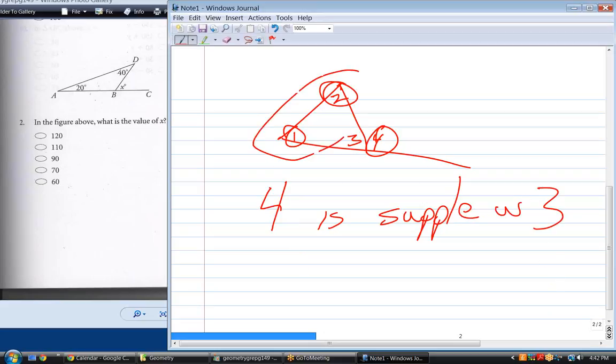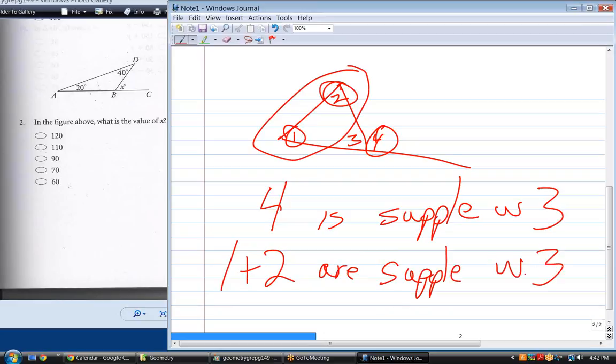But we also know that 1 and 2, 1 plus 2 are supplementary with 3. Oh. So since they're both supplementary with 3, they are equal to one another. So 4 would equal 1 plus 2. So that's where that theorem comes from.